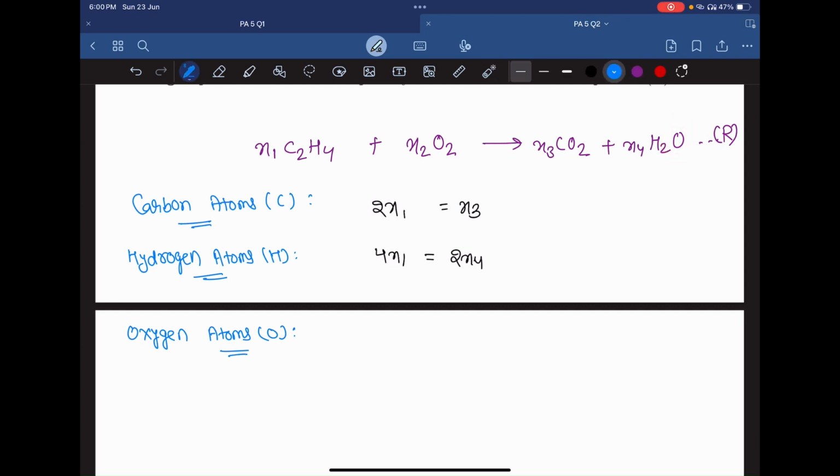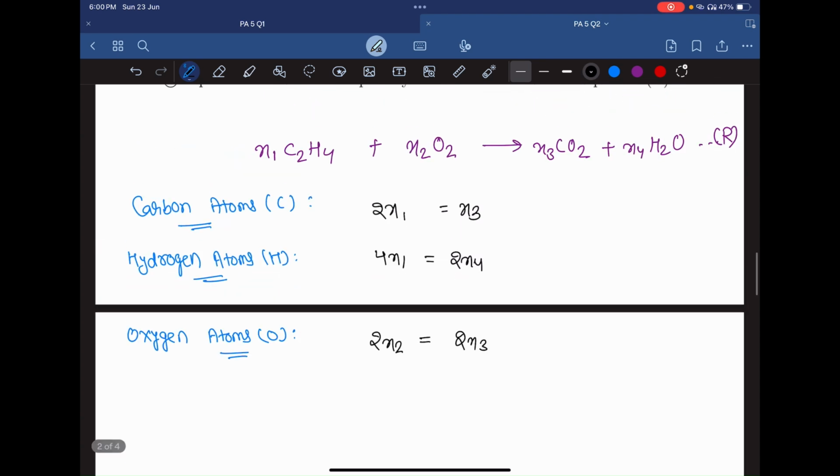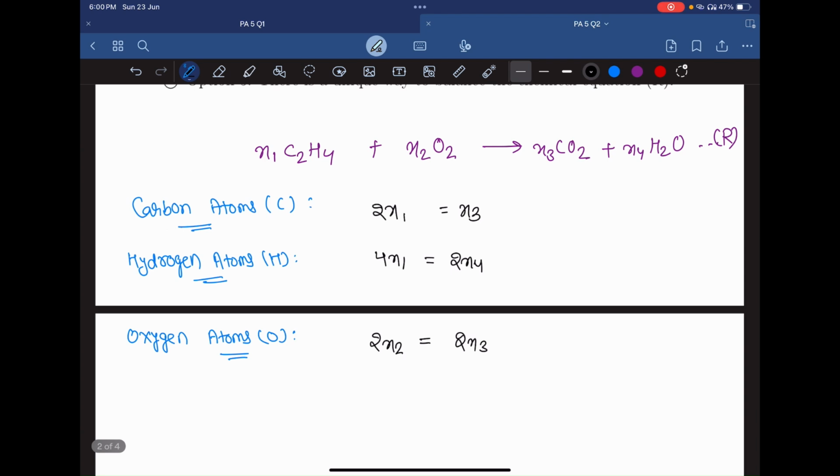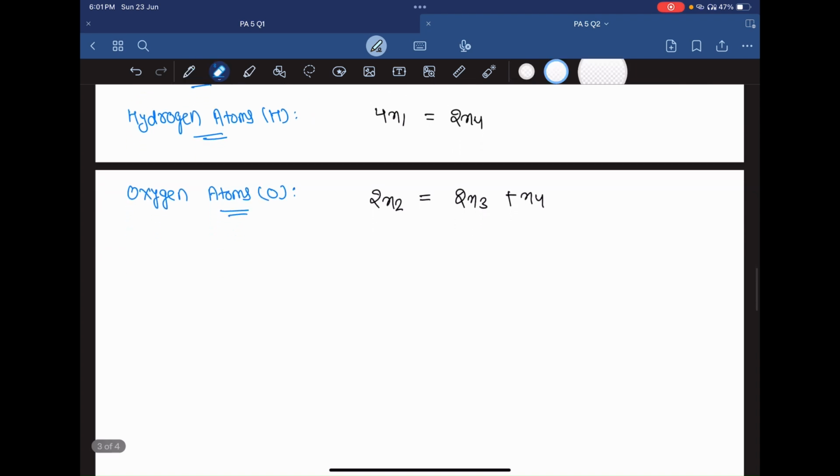So our equation for oxygen atoms would be 2x2 from the LHS, that is equal to 2x3 plus x4.